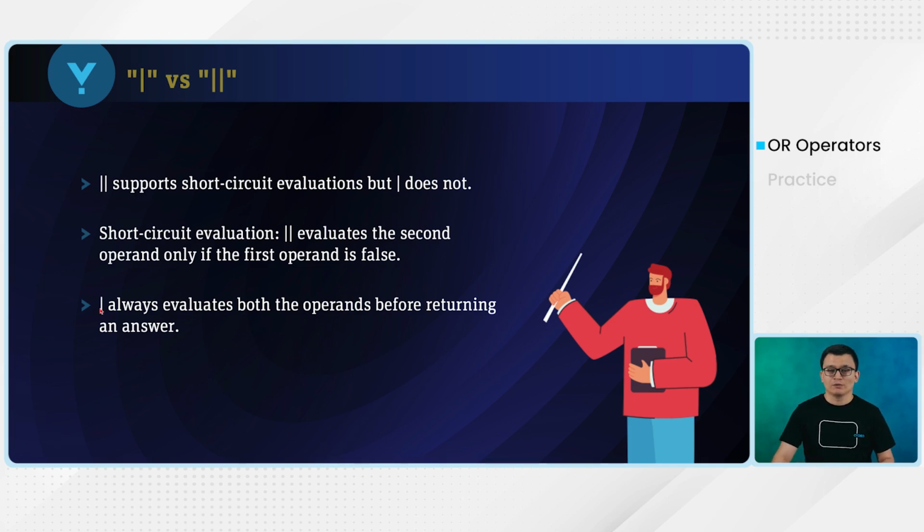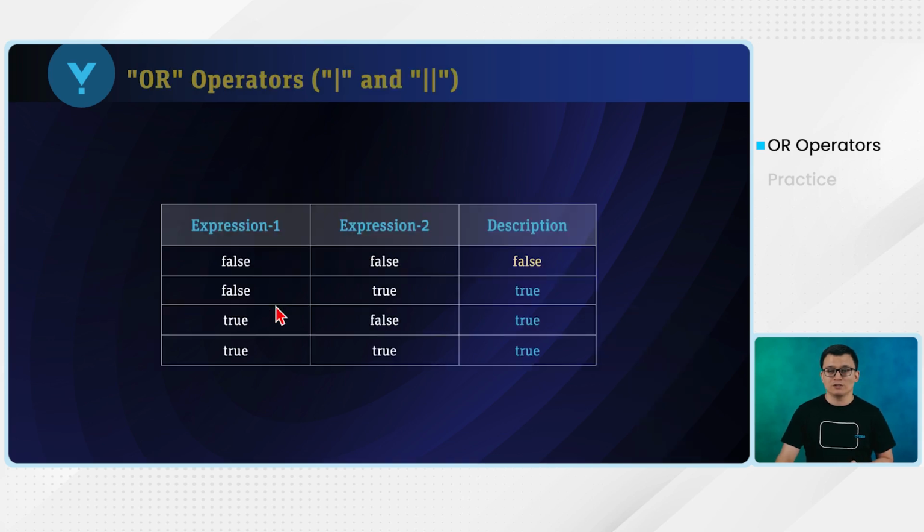Okay, but the bitwise OR operator always evaluates both operands before returning the true or false result. Which means if I have two Boolean expressions and the first expression is already evaluated to true, and I'm using the bitwise OR operator, then it still has to evaluate the second expression before returning true.